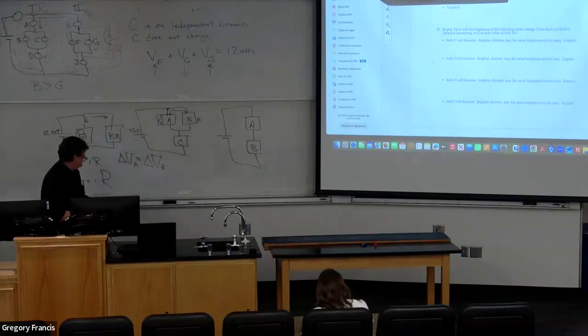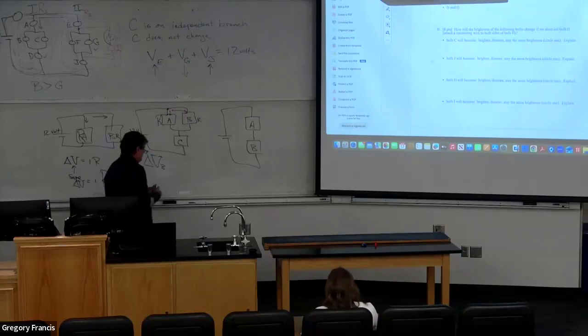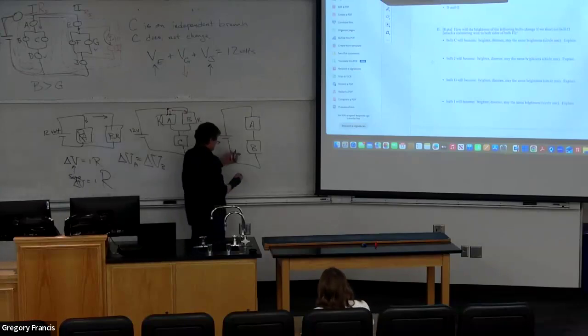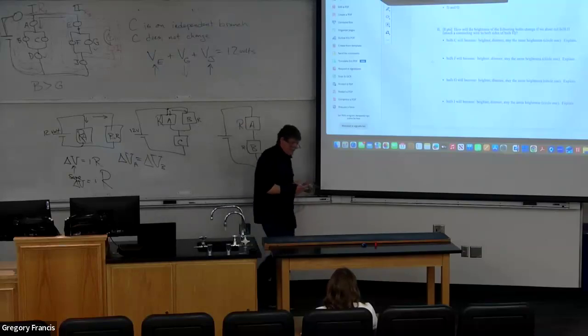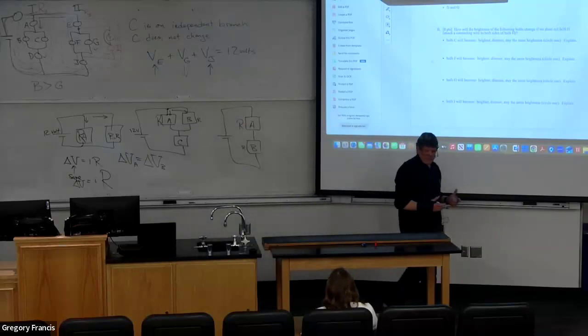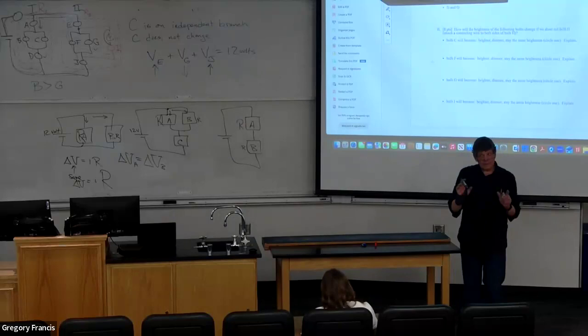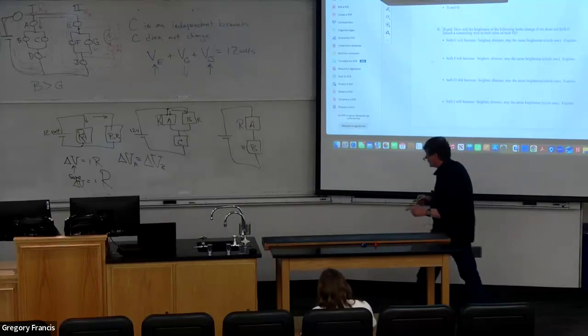Current favors the path of least resistance. But here in series, it doesn't matter that A has a big resistance and B has a little resistance. I've got to have the same current through A and B. Not the same voltage now, but the same current.